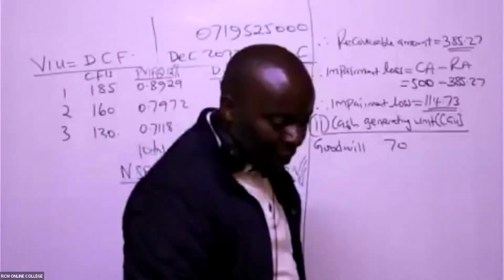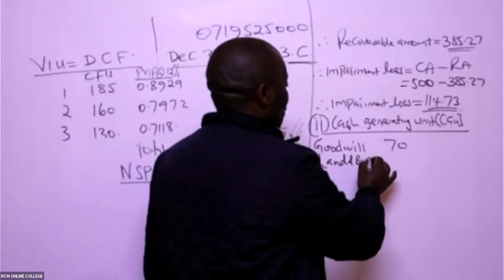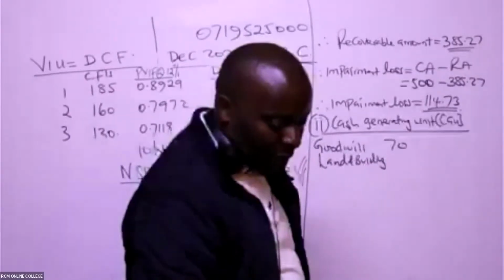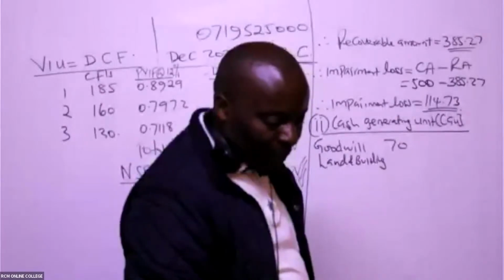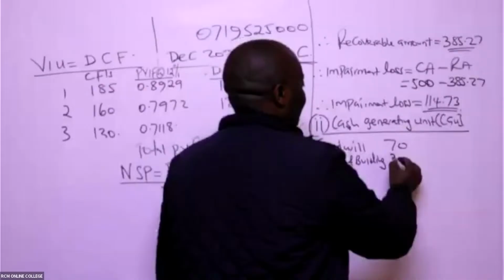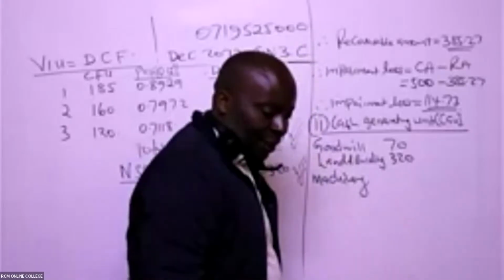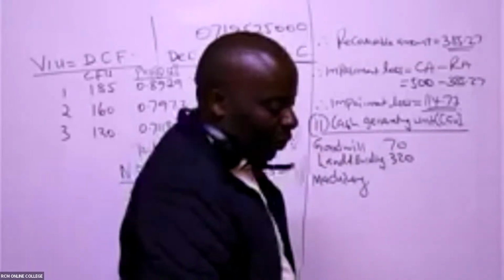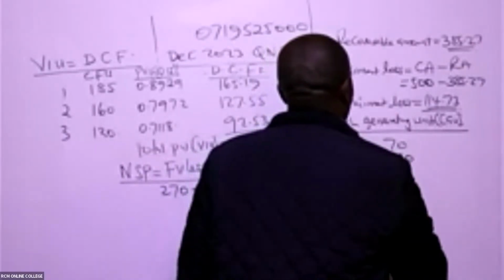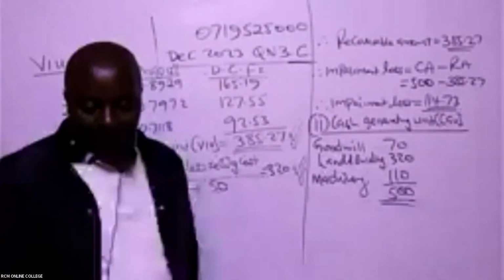And then we have land and buildings, 320. And then we have machinery. From the carrying amount, machinery is 110, which in this case here gives us 500.